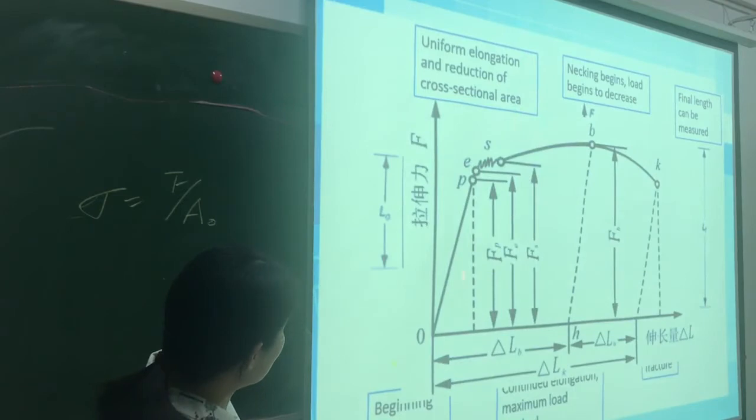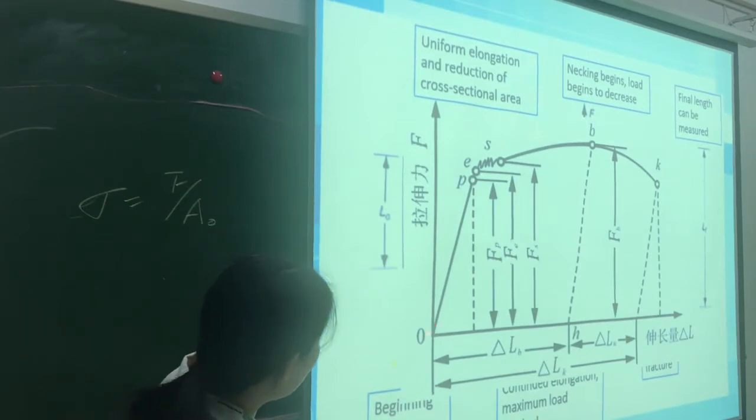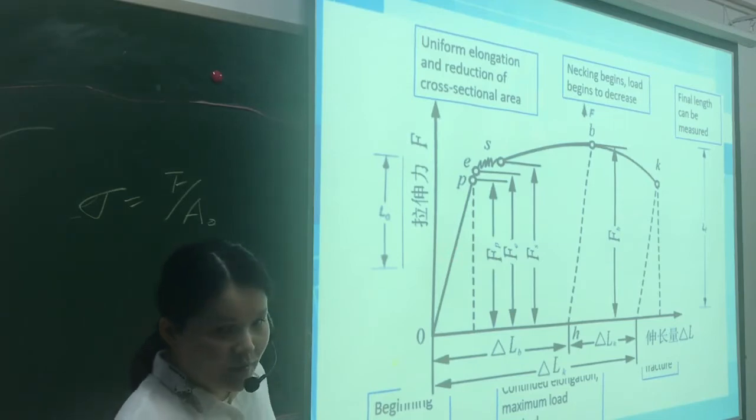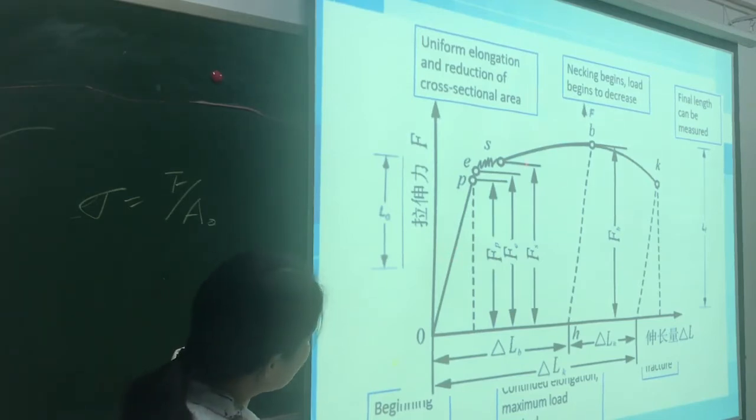This is a stress and strain curve. From O to P, it's elastic deformation, and in this area is plastic deformation.